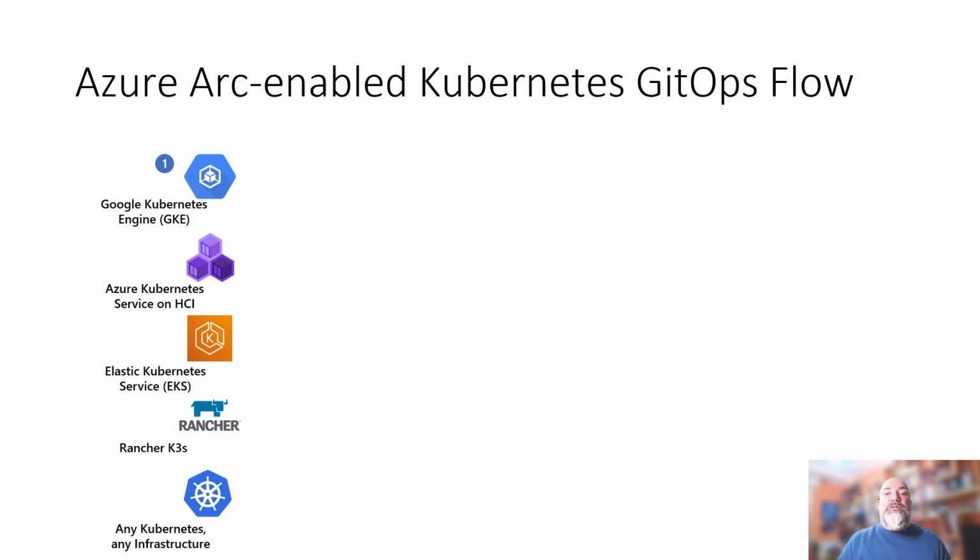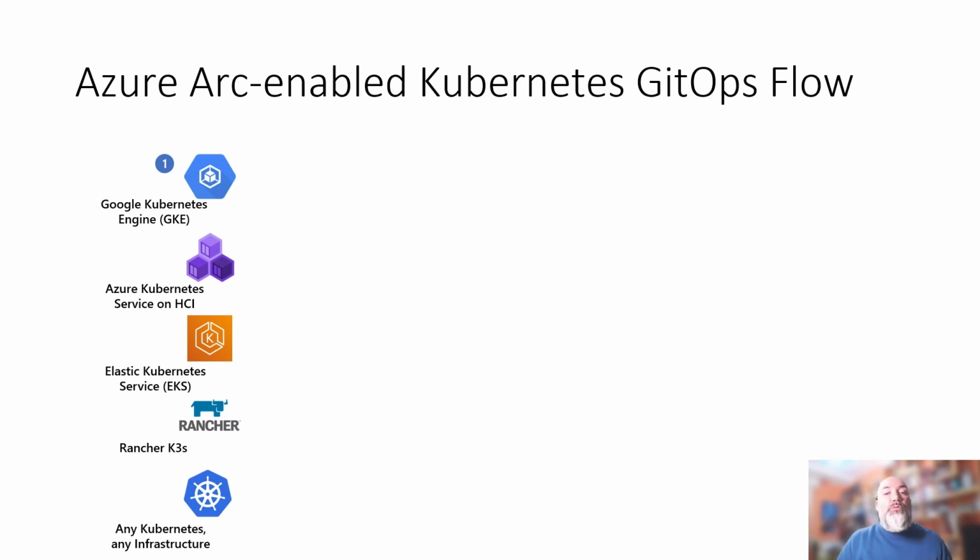You can simply use a Git repository to host the configuration of the cluster in the form of configuration scripts, and when you enable the GitOps feature on an Arc-enabled Kubernetes cluster, it receives the configuration from the repo and configures itself. Let's see how it works.